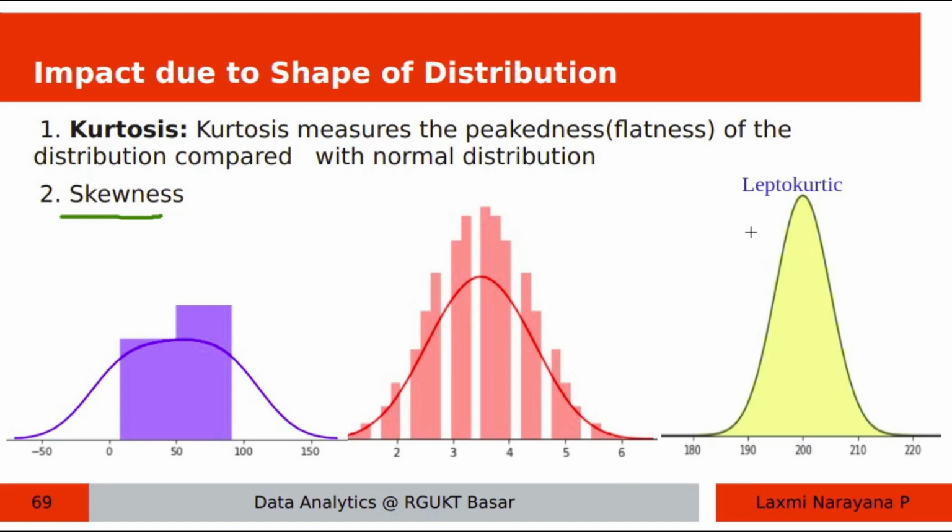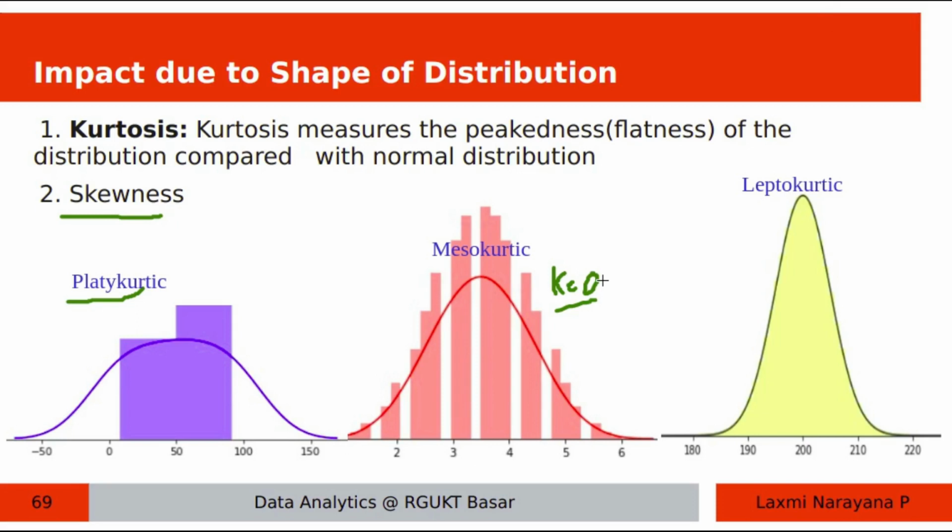Distributions that are taller or more peaked than normal distribution are termed as leptokurtic. Distributions that are flatter are called as platykurtic. Mesokurtic distributions have kurtosis of 0, matching that of the normal distribution. Means mesokurtic distributions are same as normal distribution.